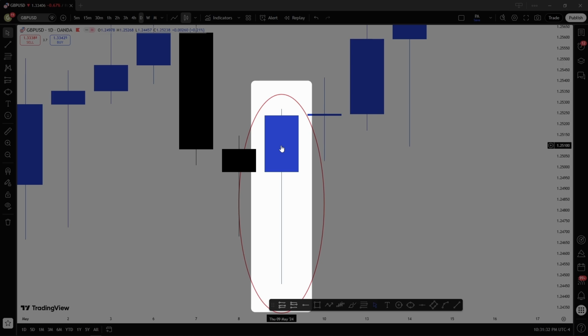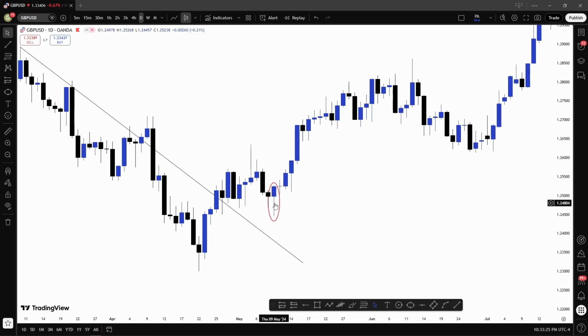So maybe the people trying to push it down had about $1 billion, and then people with over $5 billion came in and sent it in the other direction, so they won. In the process of them winning, that is when the hammer candlestick is formed. This hammer candlestick is most of the time formed from a downtrend that is switching into an uptrend. So take a look at this one here. You can see the hammer got formed here.